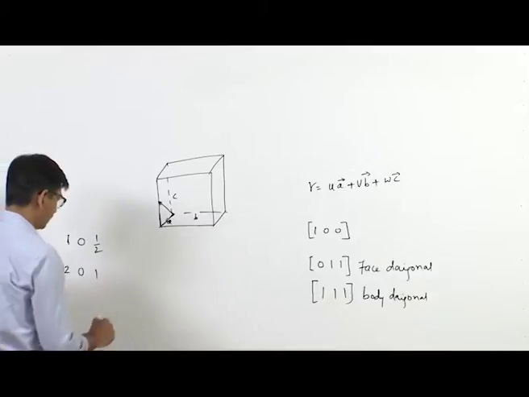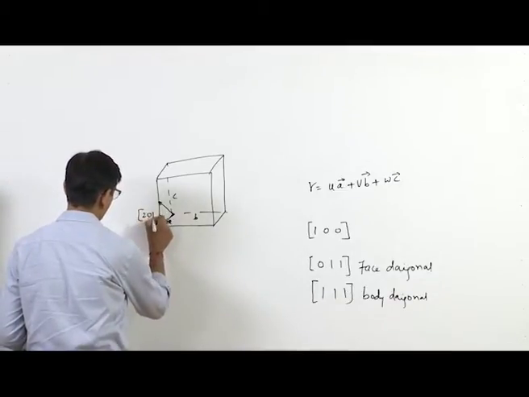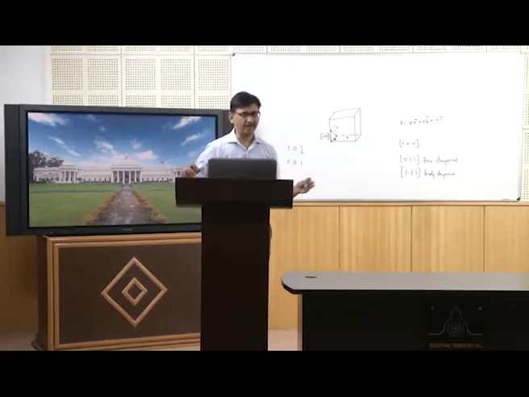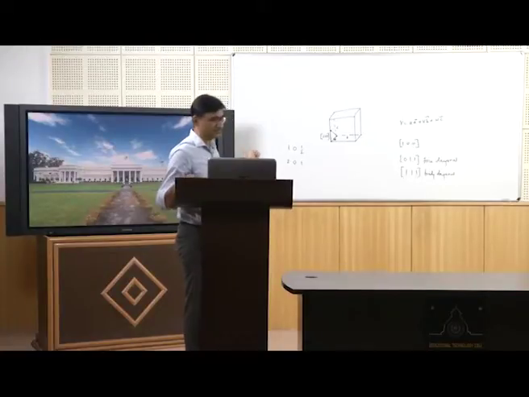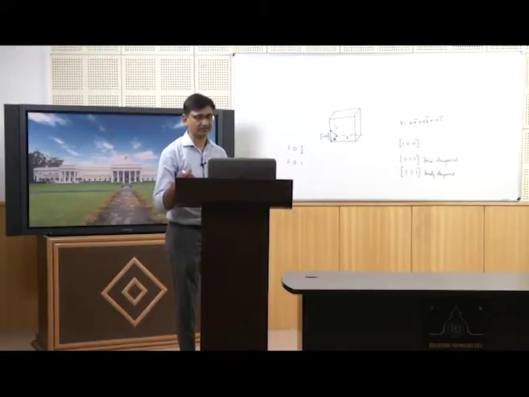So, this particular direction now is 2, 0, 1. So, fractions you can easily handle: whenever a fraction comes, you take the common factor, multiply by that and get rid of the fraction. The thing you have to remember is that for the whole calculation, you should get the lowest integers.